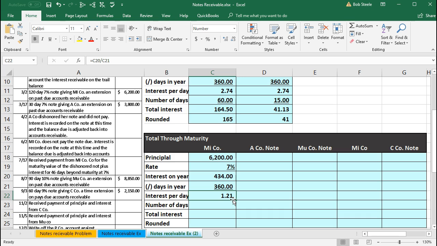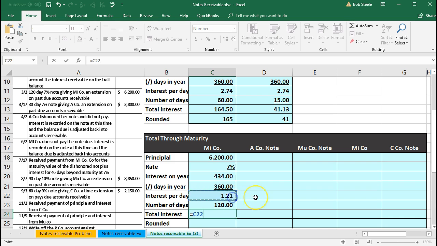If you don't use Excel, you may want to use a ratio, which will be more exact. But this will be exact because this cell represents the real number, even though it only shows 1.21 rounded to the nearest penny. Okay, so then we're going to say that the number of days is going to be 120. And if there's $1.21 for 120 days, we multiply that out.